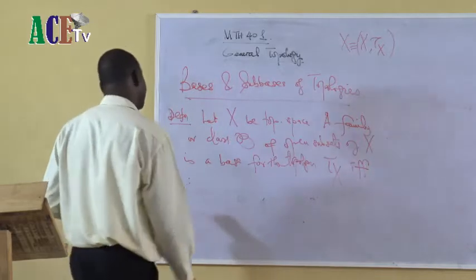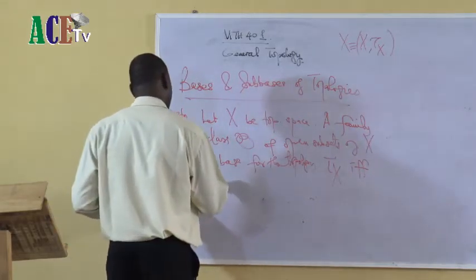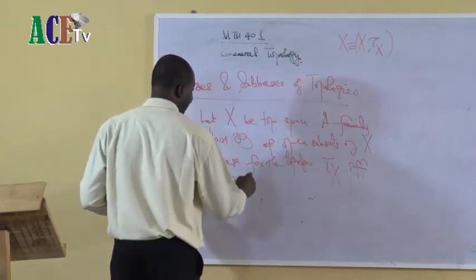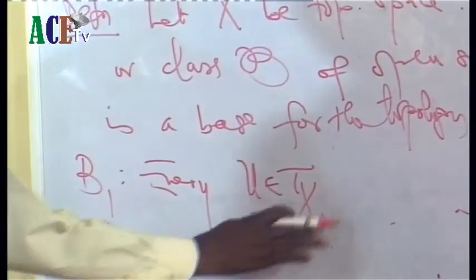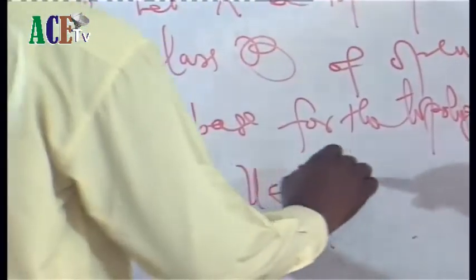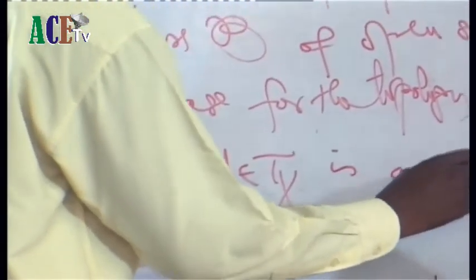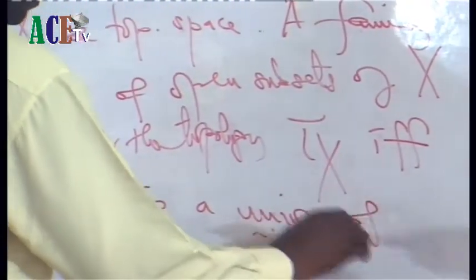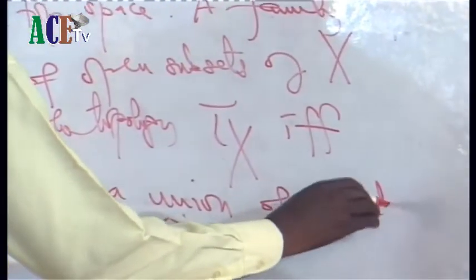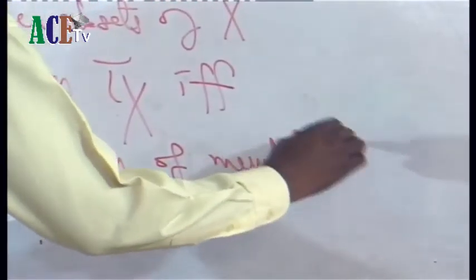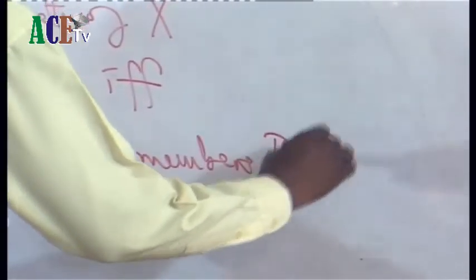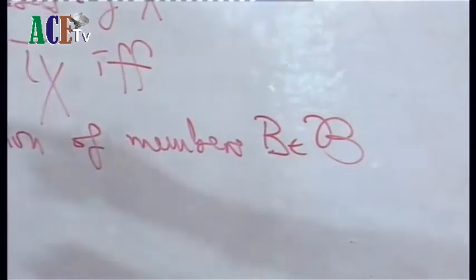Number one, every open set in X is a union of members. Let me call these members capital B, which belongs to the base in the family. Okay?